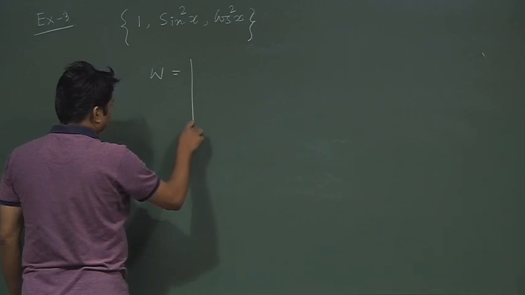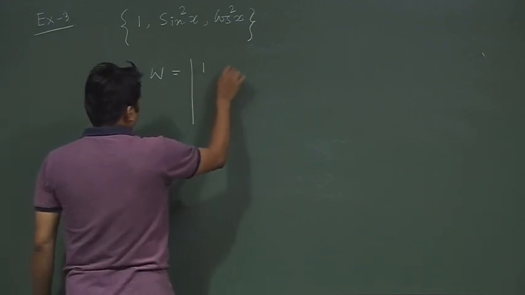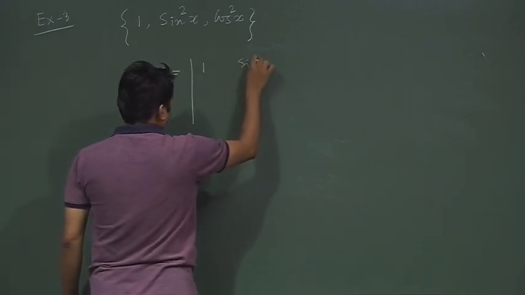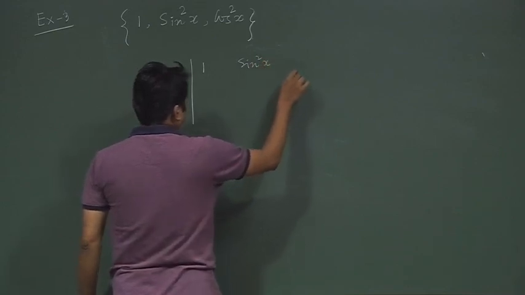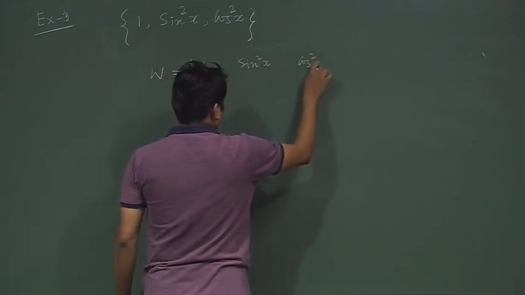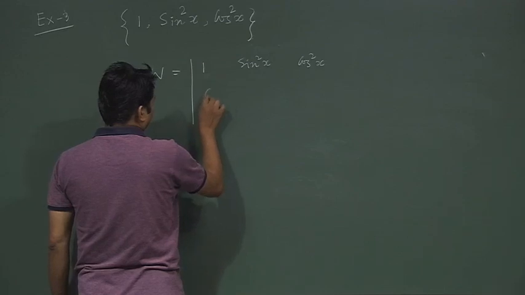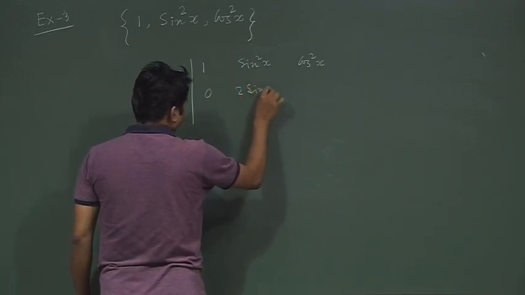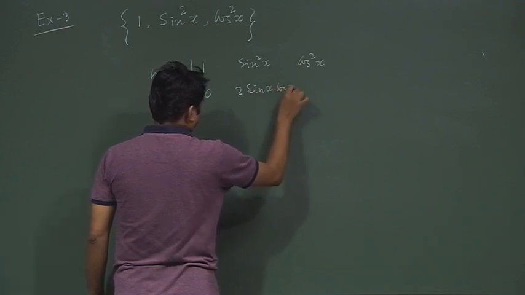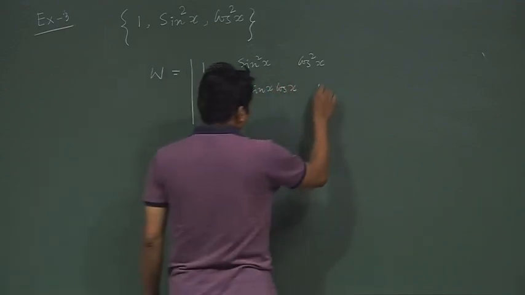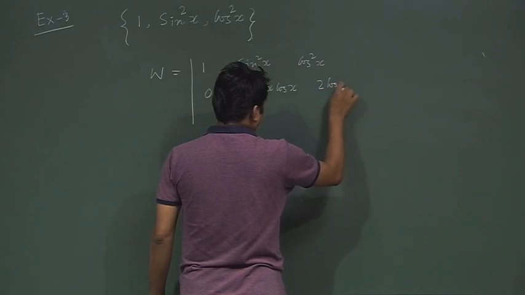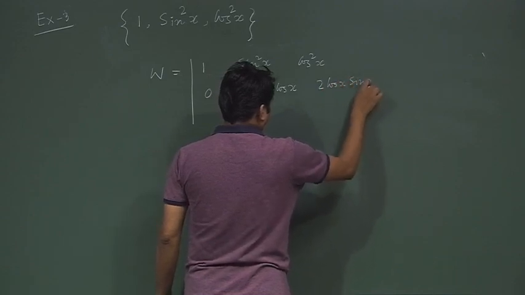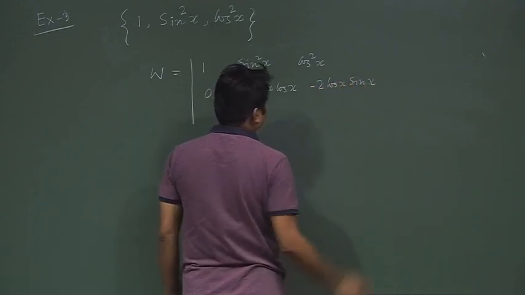So, the Wronskian again is 1, sin square x, cos square x, 0, the derivative of sin square is 2 sin x cos x, and the derivative of cos square is 2 cos x sin x with a negative sign.